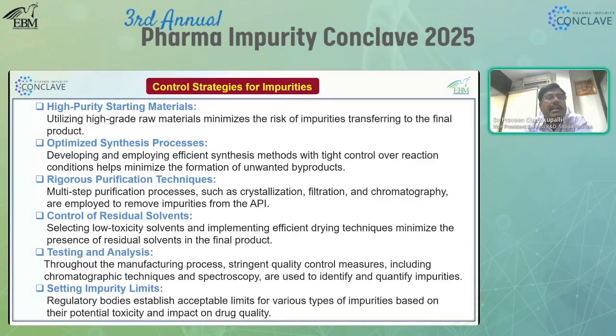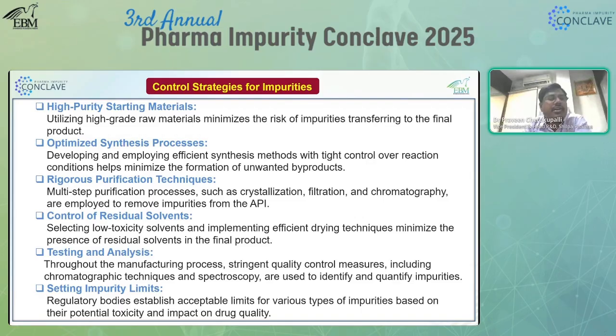Next, optimize the synthesis process. Developing and employing efficient synthesis methods and tight controls over reaction conditions helps minimize the formation of unwanted byproducts. Next is purification techniques. The purification or crystallization technique should be appropriate to purge out all the impurities in your intermediates as well as the drug substances or drug product.